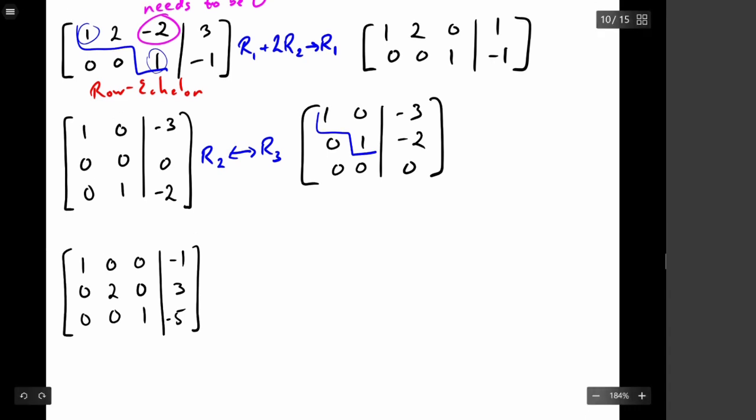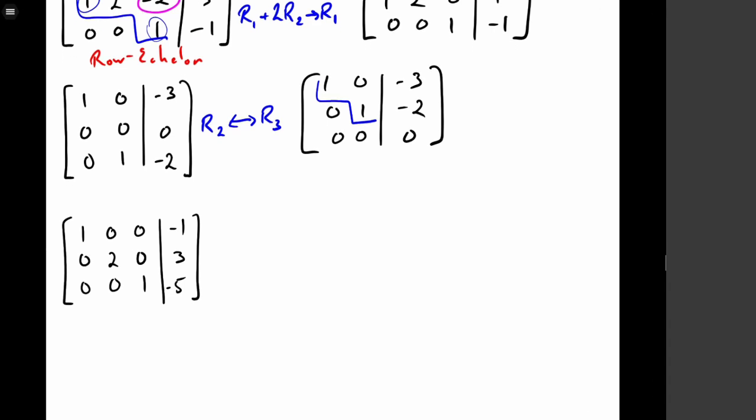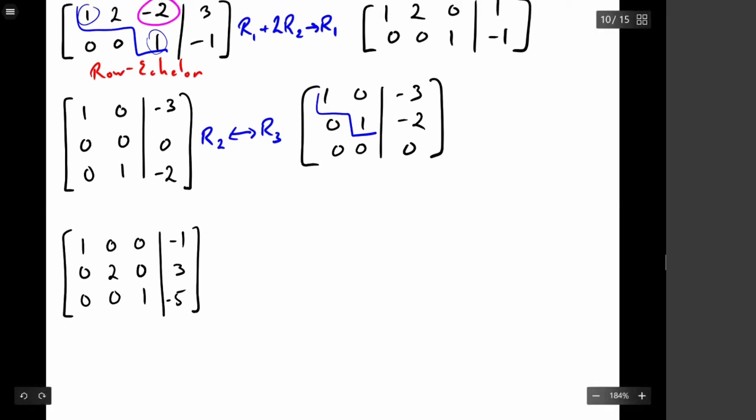Okay. This last matrix here, what's wrong with this one? Well, this is neither in row echelon nor reduced row echelon form. And the reason is this too. This needs to be a 1.